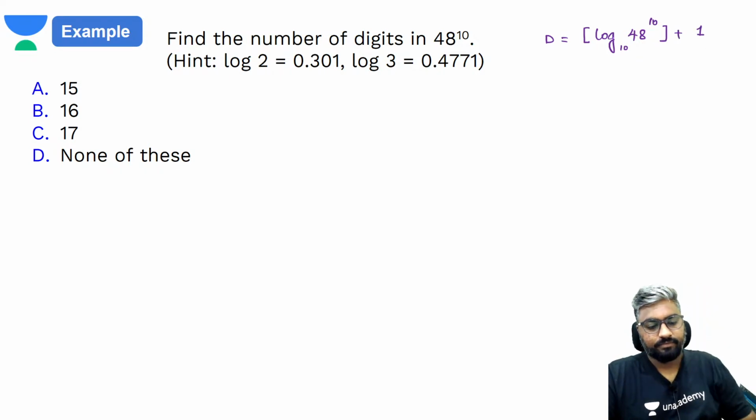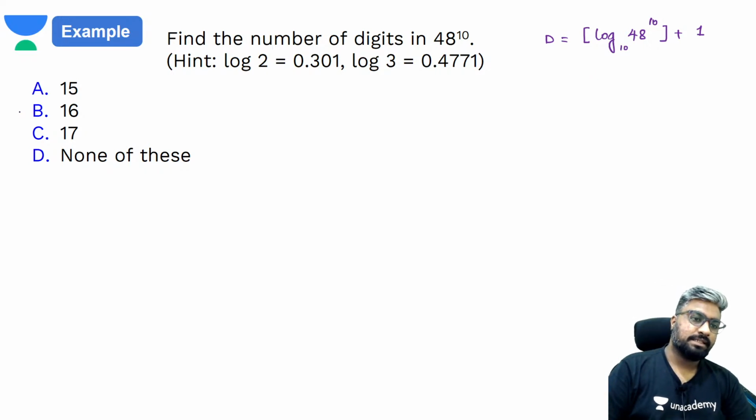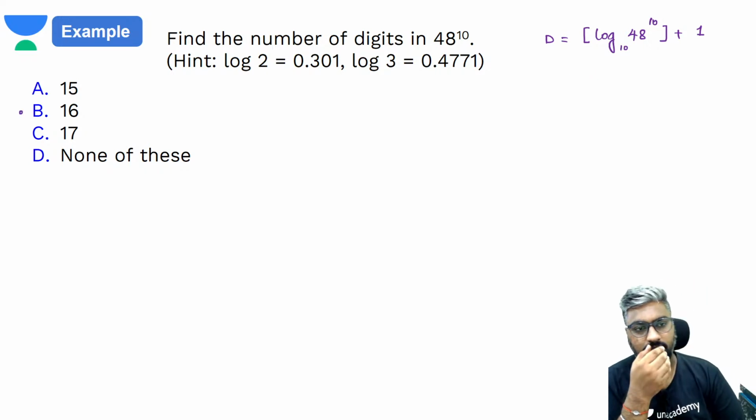Okay. Ruchika says B, 16. Okay, Ruchika. Others?